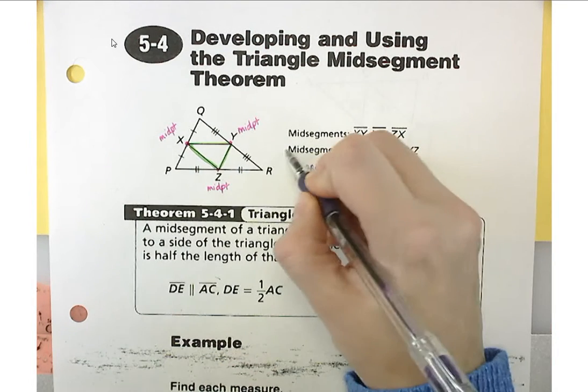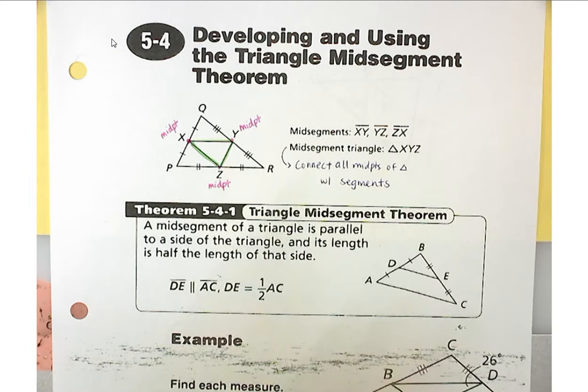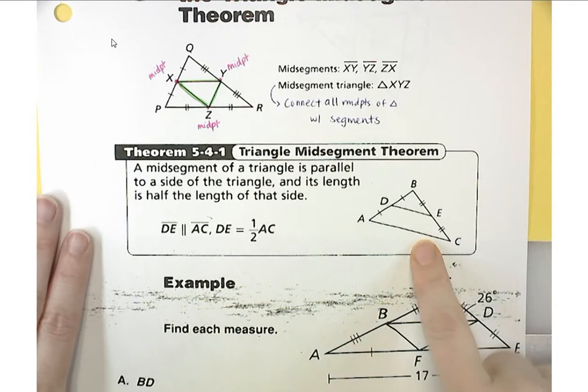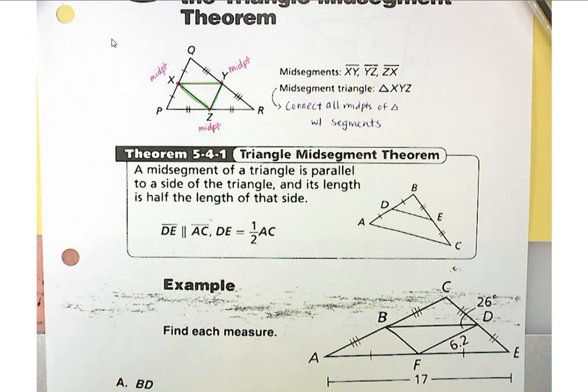Your midsegments are formed from each pair of midpoints. So from x to y, y to z, x to z, those are your three pairs. There are a couple of special things that we know about midsegments, and they are summed up in the theorem.